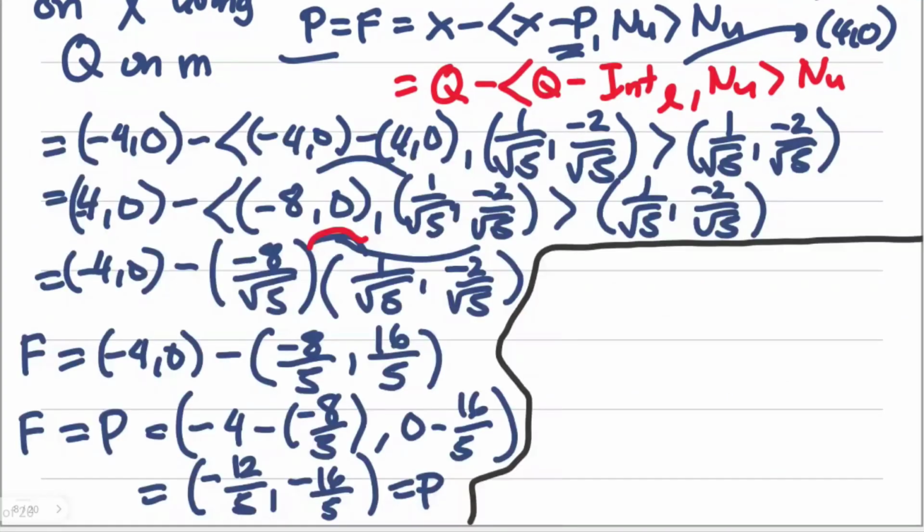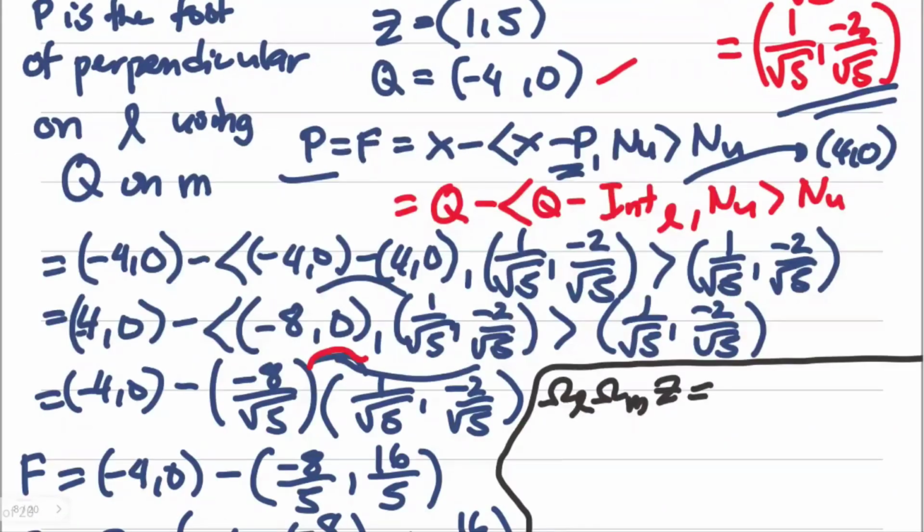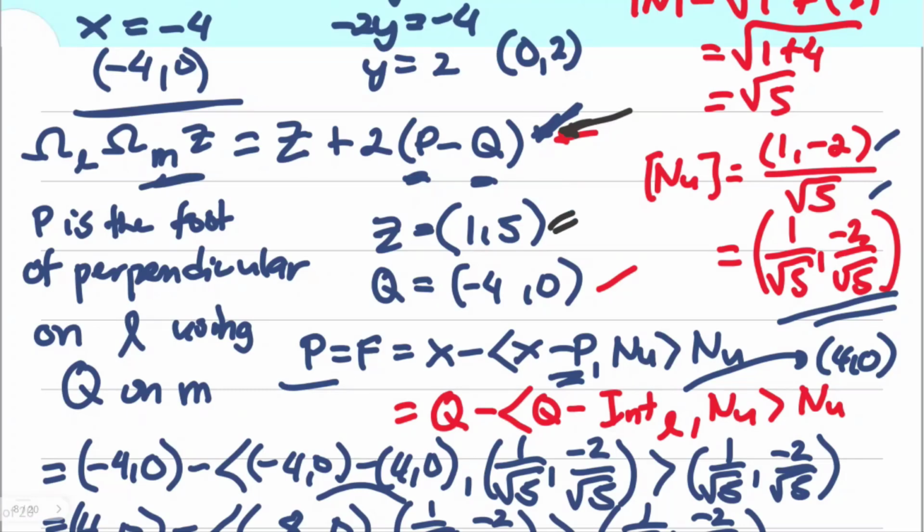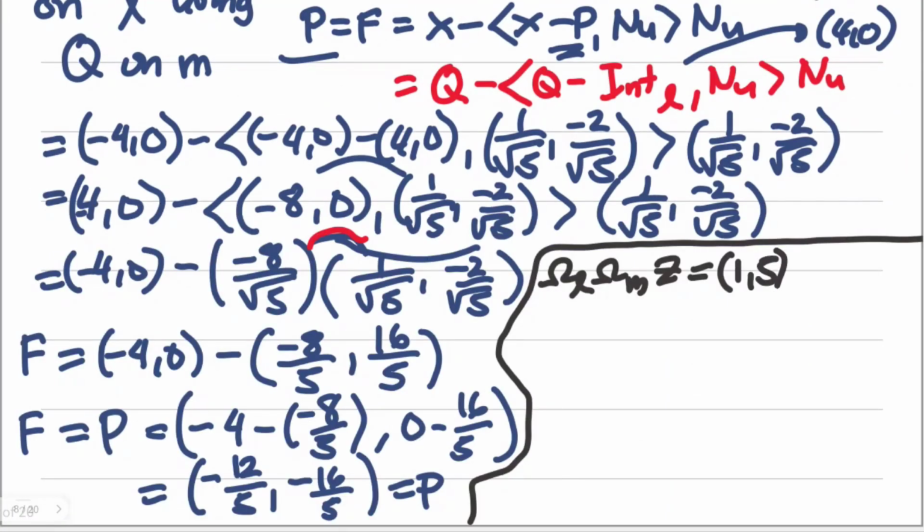We have the reflection of your point Z along M and then L, or again, the translation of Z along M is actually indicated by your Z. The value of your Z is identified here as 1 and 5 plus twice. Let me simply write the formula first.